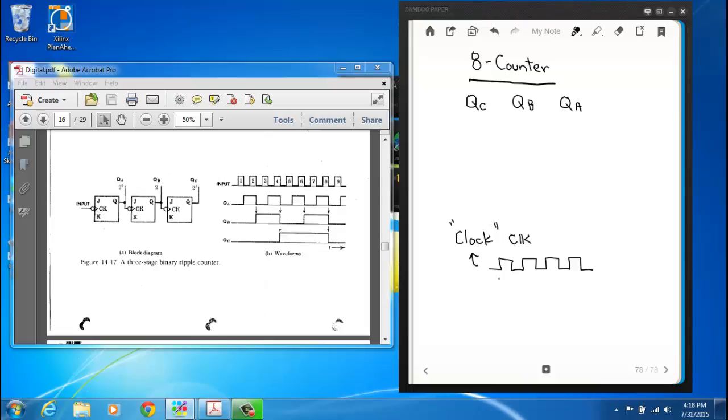But even though the input is called a clock input, it doesn't mean the square wave has to be periodic. You can have any sort of square wave at the clock input of a flip-flop.